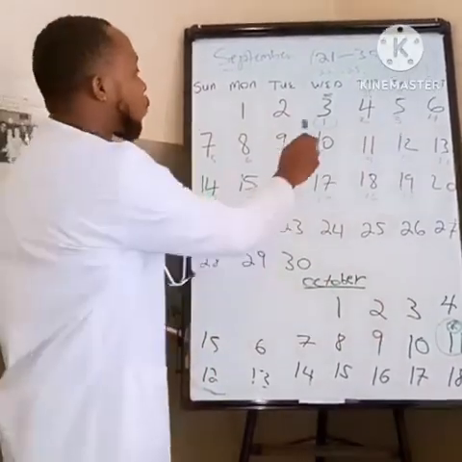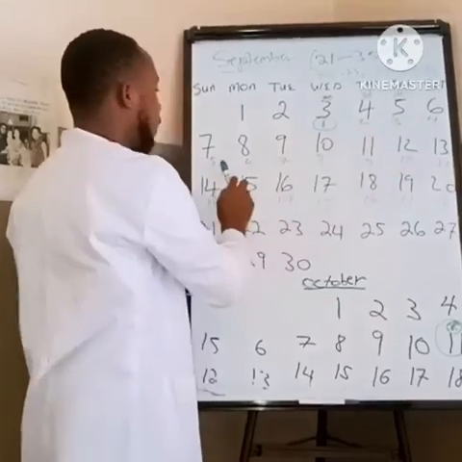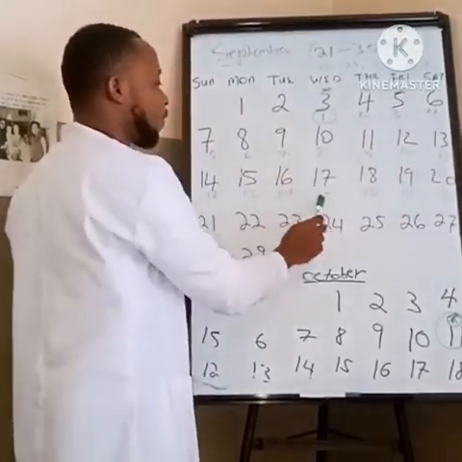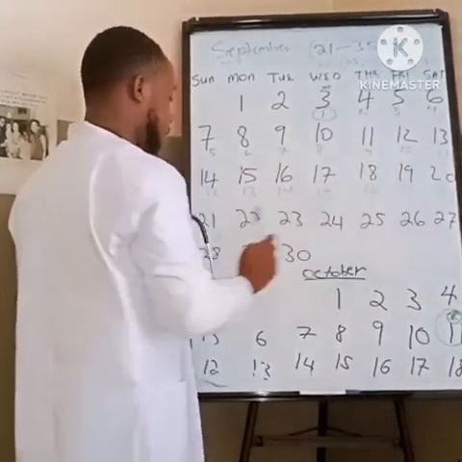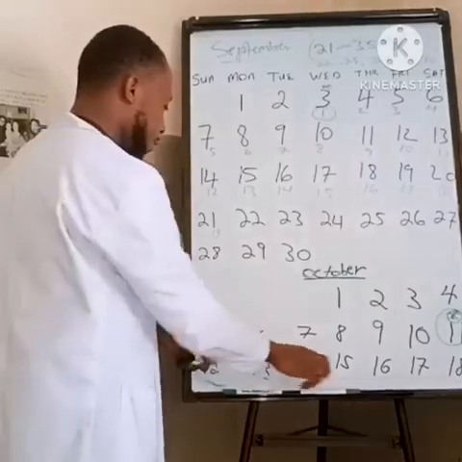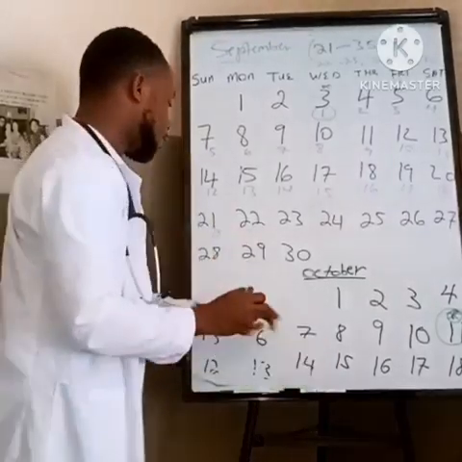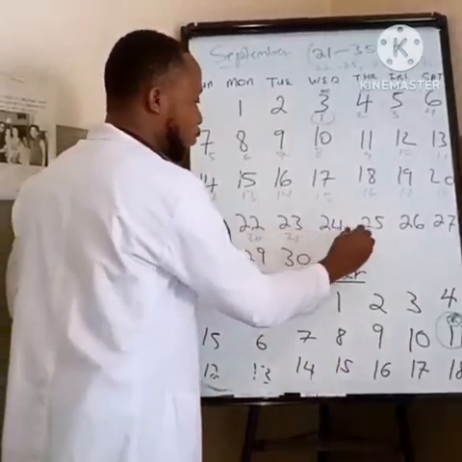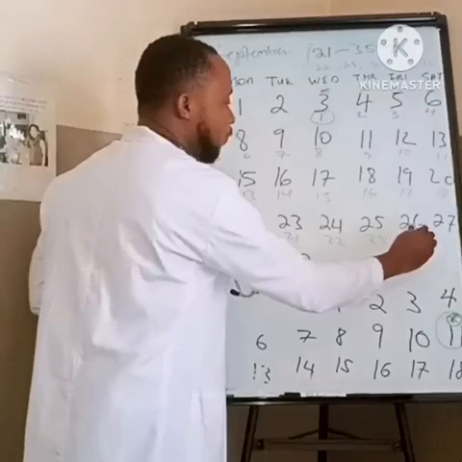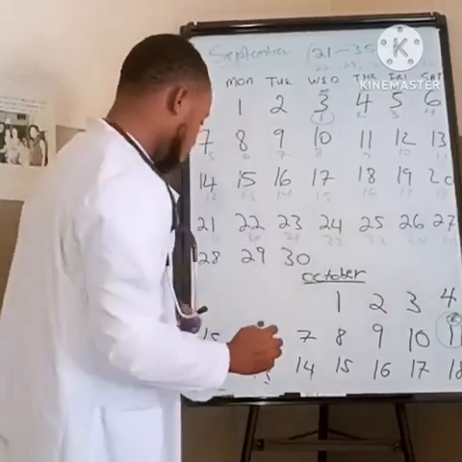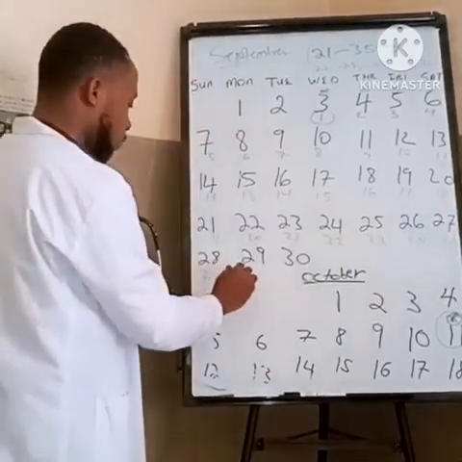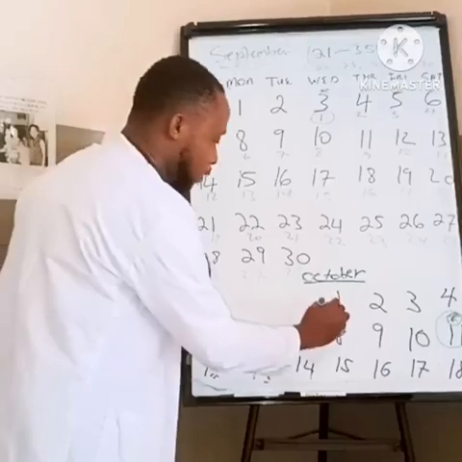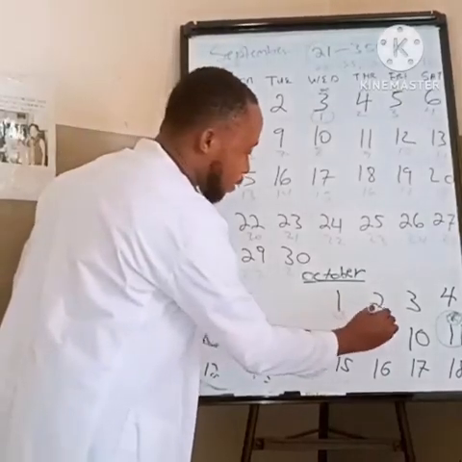So 1, 2, 3, 4, 5, 6, 7, 8, 9, 10, 11, 12, 13, 14, 15, 16, 17, 18, 19, 20, 21, 22, 23, 24, 25, 26, 27, 28, 29, 30.